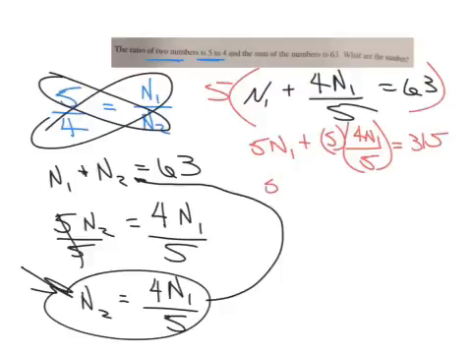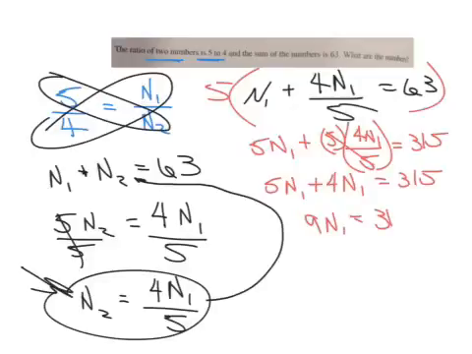Okay, so now I have 5n1 plus 4n1, because those cancel, equals 315, or 9n1 equals 315, and n1 then is 35. 35 times 9 is 315.